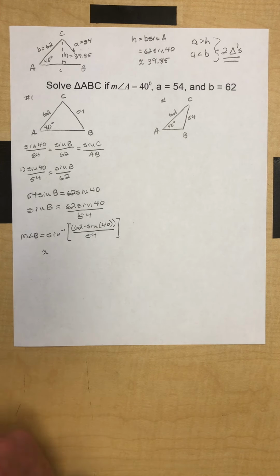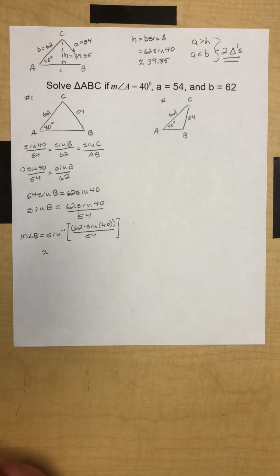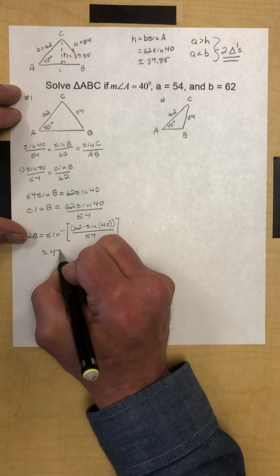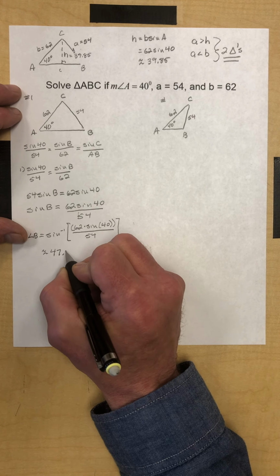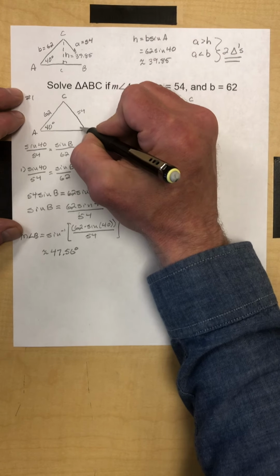The first parenthesis takes care of the bracket, so I need a parenthesis, 62 times the sine of 40, second parenthesis for the 40, second parenthesis for the numerator, divided by 54, and then my bracket. I am getting 47.56 degrees.